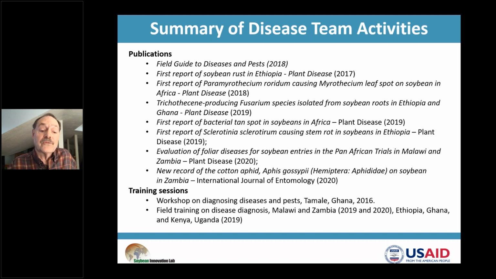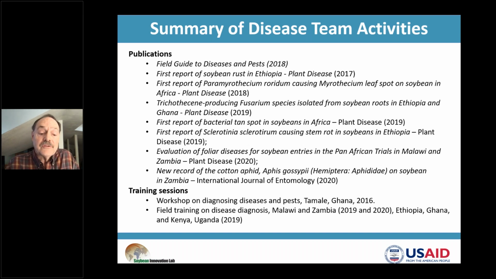And the reports that we have so far are rust in Ethiopia, this myrothecium leaf spot in Africa, and actually this is in Ghana. And then we have first report of bacterial tan spot that we found to be much more widespread than we first predicted. And then the first report of sclerotinia in Ethiopia. And we also have another first report coming of Sclerotinia stem rot in Kenya too that we're working on.